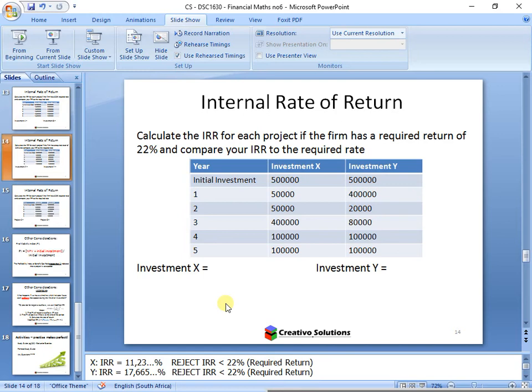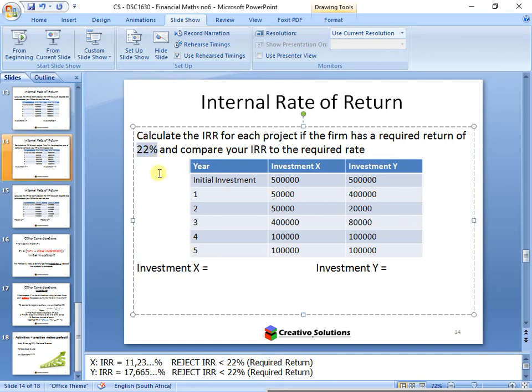Correct, for X. Yes, good. We're rejecting because it's less than 22%. Correct.